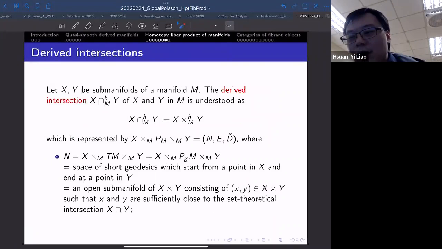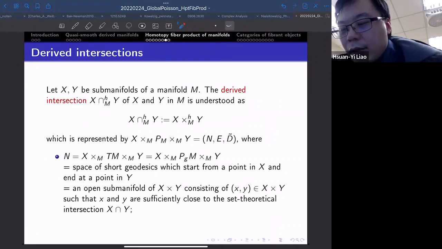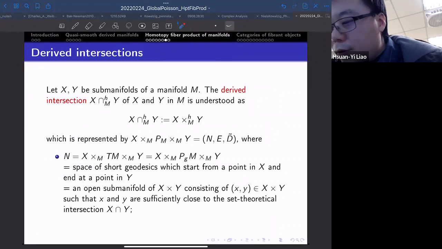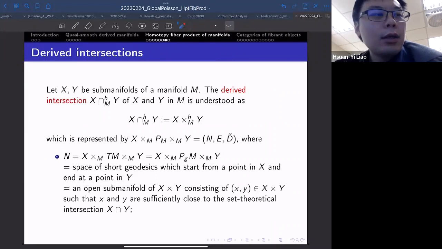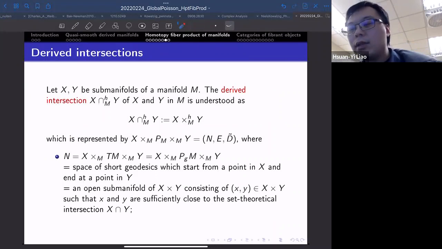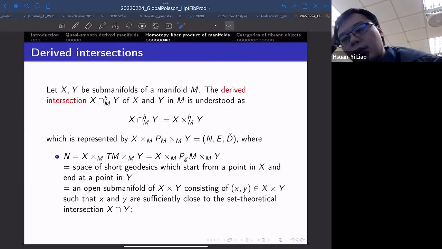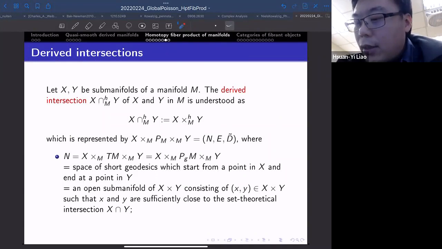Okay, so here I show you the example I mentioned at the beginning of the talk, the case of intersection. In the beginning of the talk, I said intersection can be considered as a fiber product.